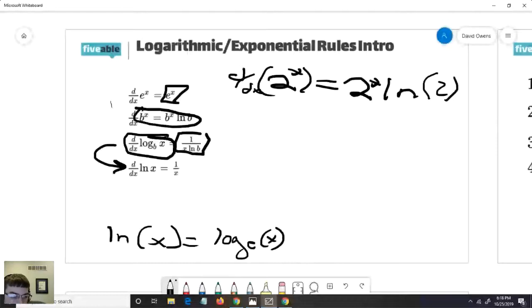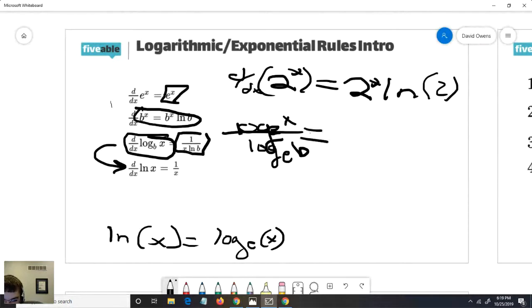If we've got the log base b of x, you might know that the change of base rule of logarithms can apply here, and if we change it to base e, using the change of base rule, we have log base e of x over log base e of b. That's known as the change of base rule. So we're going to change these to base e.